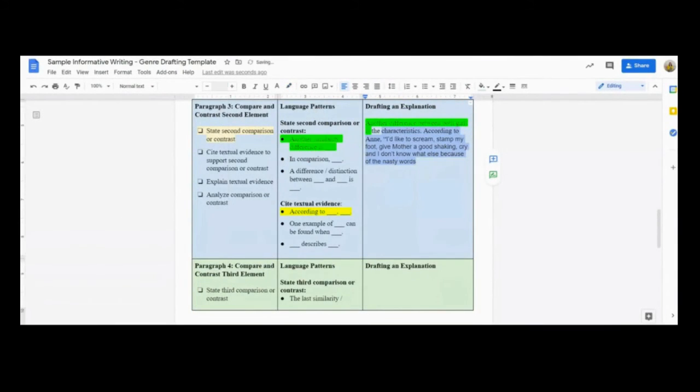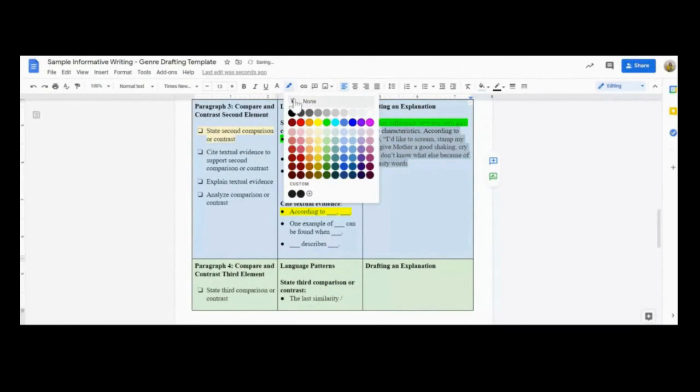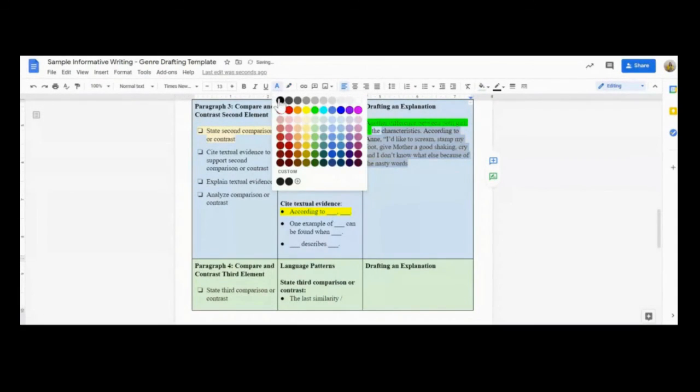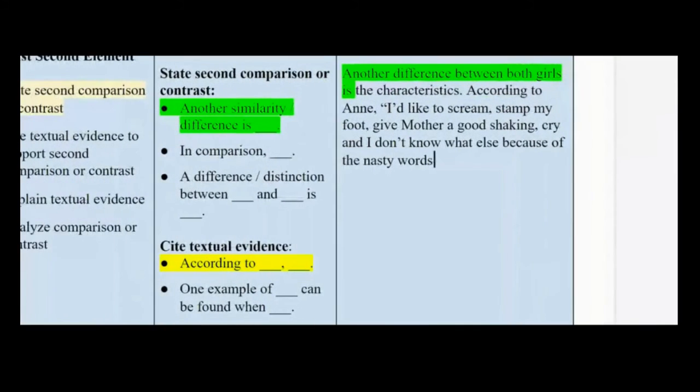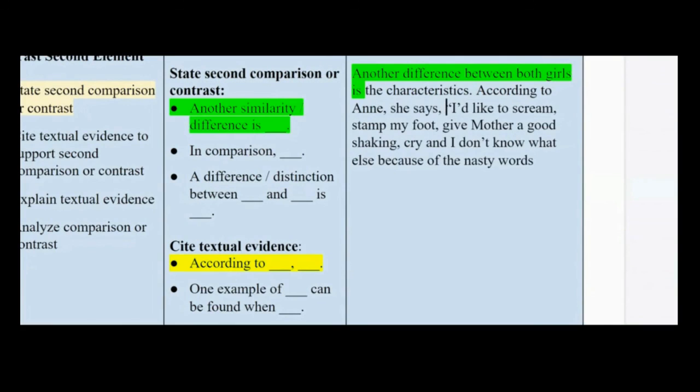I personally like having everything be the same, because if I don't, I freak out. According to Anne, she says, I'd like to scream, stamp my foot, give mother a good shaking, cry, and I don't know what else because of the nasty words. Paragraph, what number was that, 6? Paragraph 6, yeah. Okay, that's it.